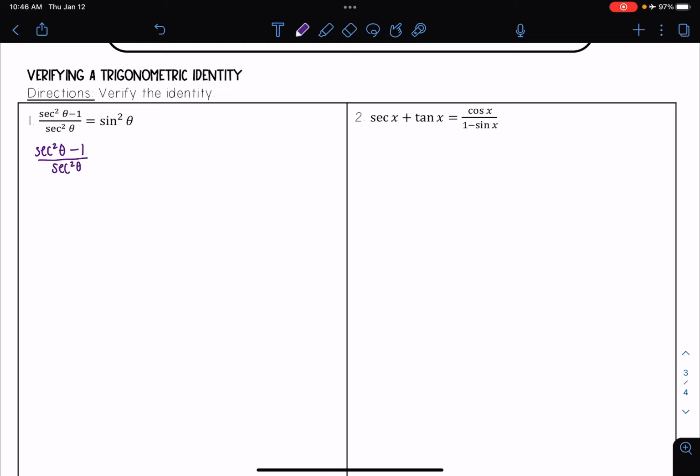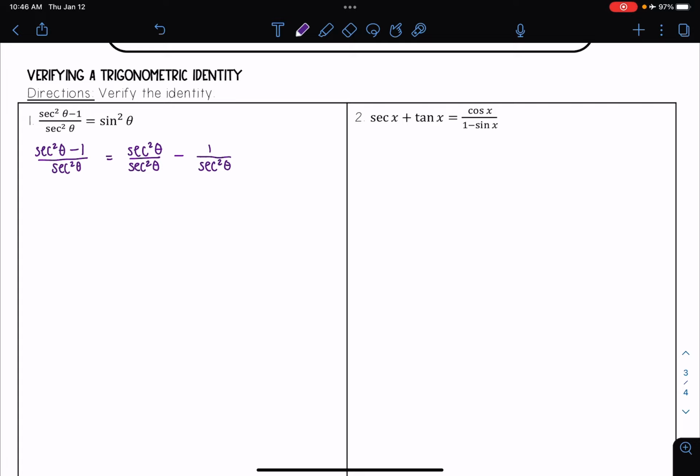To start off, I want to break apart this fraction. I see they both have the denominator of secant squared of theta, so I can rewrite this to be secant squared of theta over secant squared of theta minus 1 over secant squared of theta. So you can see those are both equal.